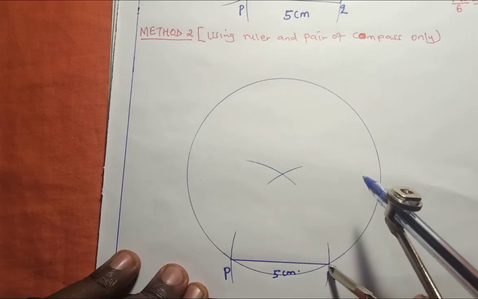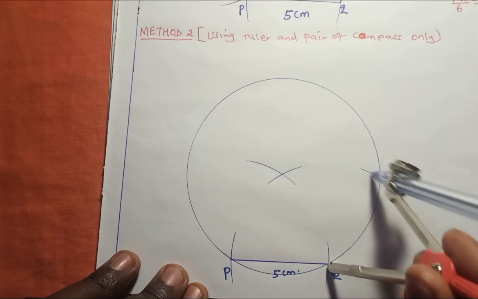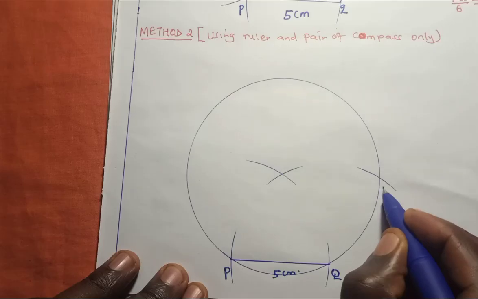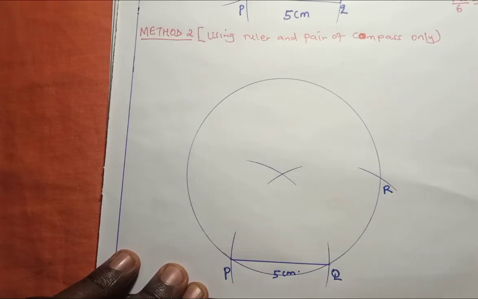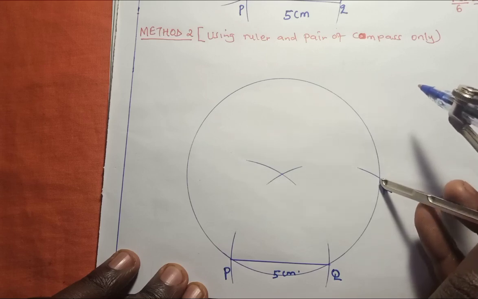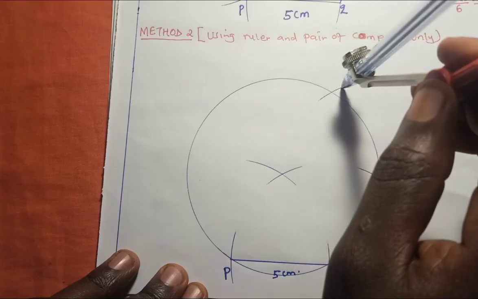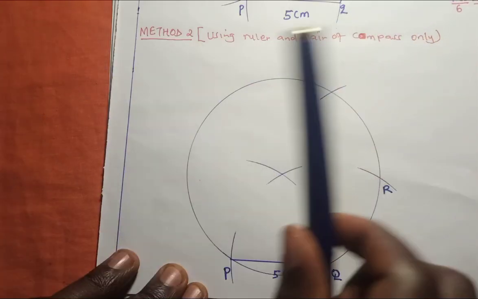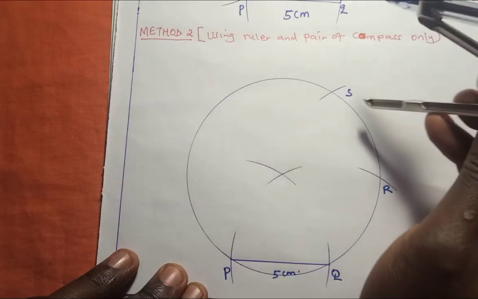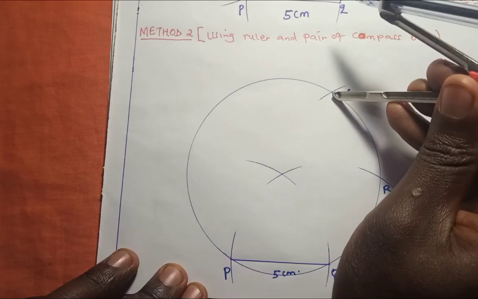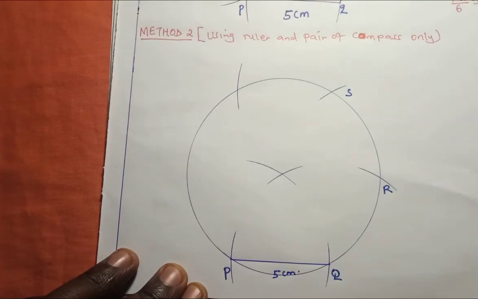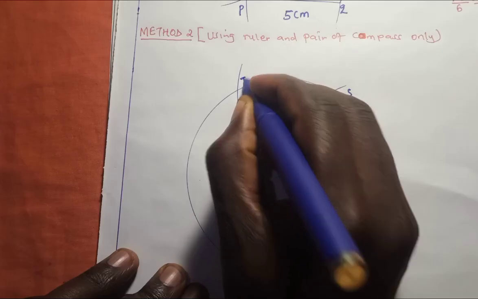I want to stand at this point Q and then mark another point, which we will call point R. Again I stand at point R, make an arc, and call this point S. Again I stand at point S, make another arc, and call this point T.